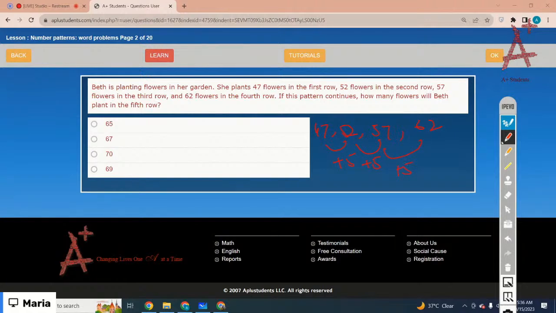That means the pattern is you have to add 5 every time, right? So for the next one you have to add 62 plus 5. That would be 67. That means on the fifth row she has to plant 67 plants.